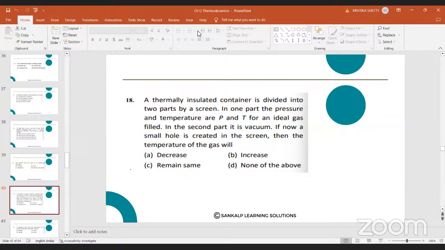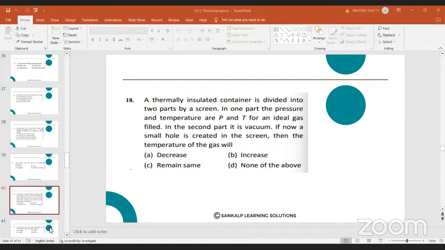If now a small hole is created in the screen, then the temperature of the gas will be. Option C, ma'am, remains same. Yes, it is C. Option C, it remains the same. Option C is correct.